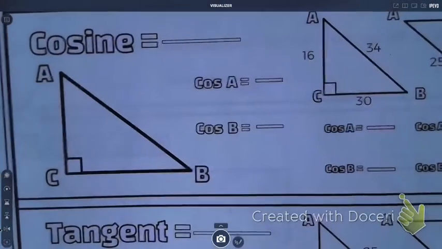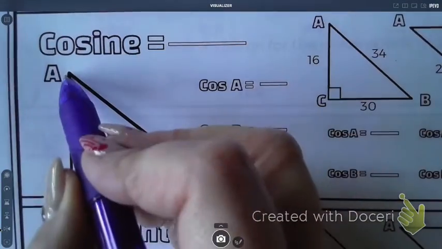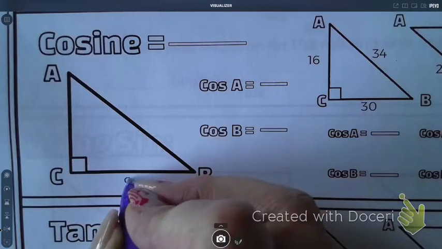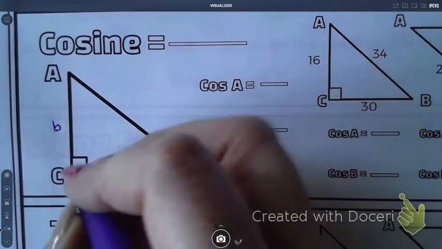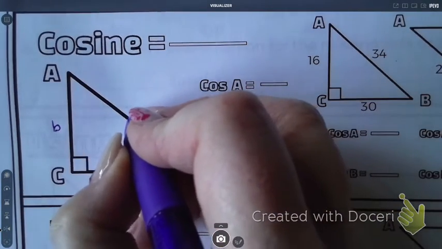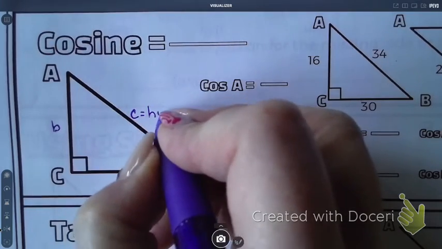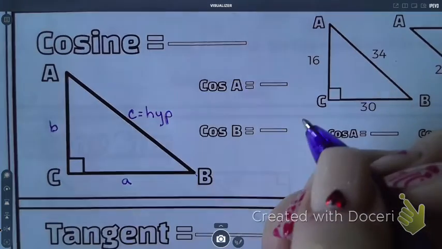So again, let's label our triangle. Opposite A is A, opposite B is B, and opposite C is C, which is the hypotenuse. Yes?